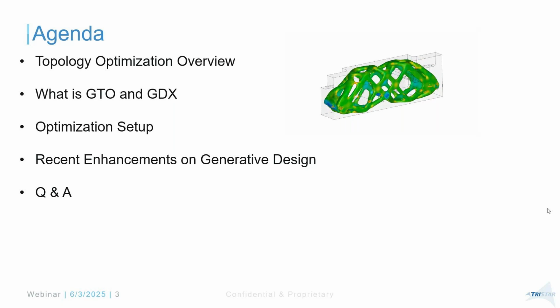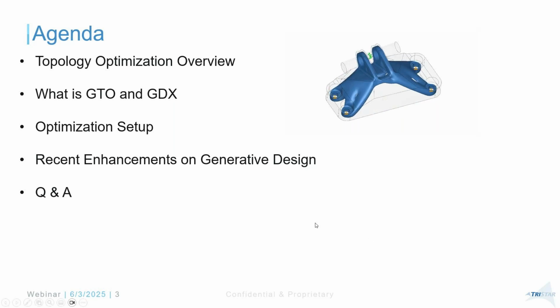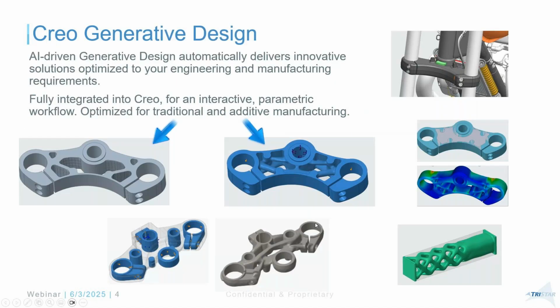Okay. So with that, let's move on to the next slide here. The idea is to go over, at a very high level, how you could give a set of objectives or constraints. It could be manufacturing constraints, it could be design constraints.